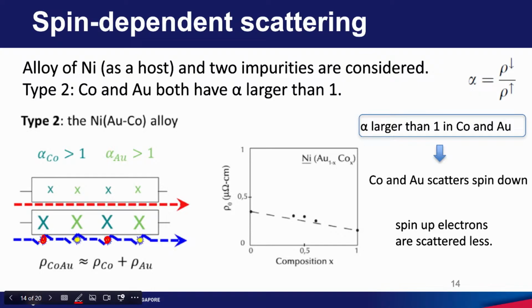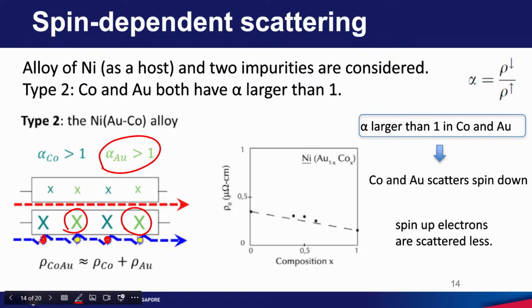Similarly, the gold is shown by this light green. So, gold also has alpha larger than 1, so it will also scatter the spin down electron. You can see these yellow spots shown by these green crosses. This is where the spin down electrons are scattered by gold atoms.